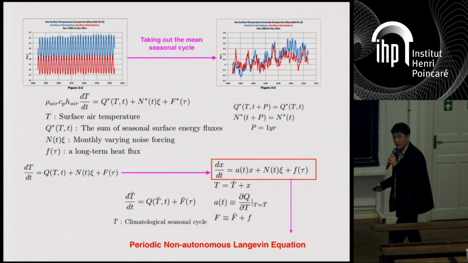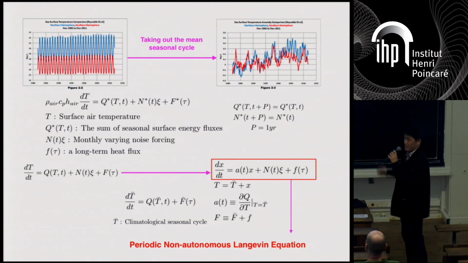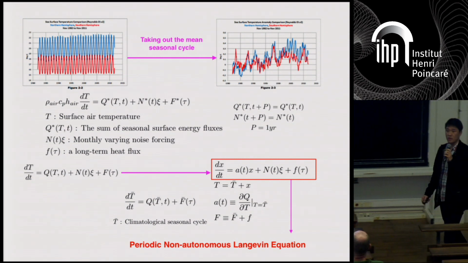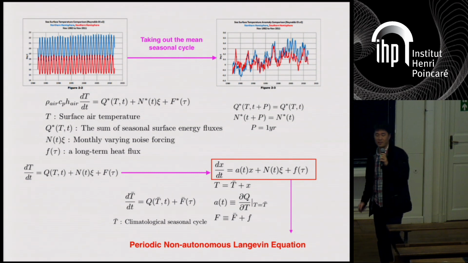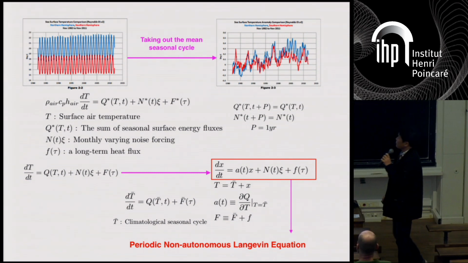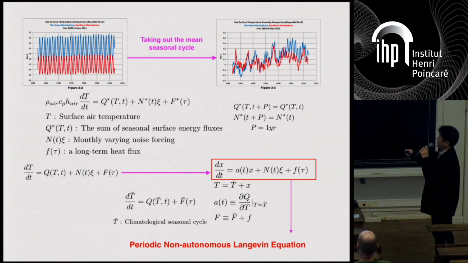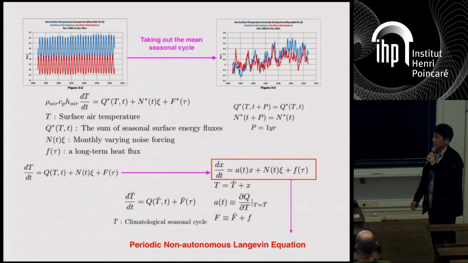So in this process, I want to connect this process with some models. For example, in the seasonal time domain, the most important thing is energy flux balance. If we think about the surface temperature, the surface energy flux balance is represented by some temperature change, the internal energy change, on the left side, and then there are some fluxes. I divided these fluxes into 3 terms, depending on the time scale.